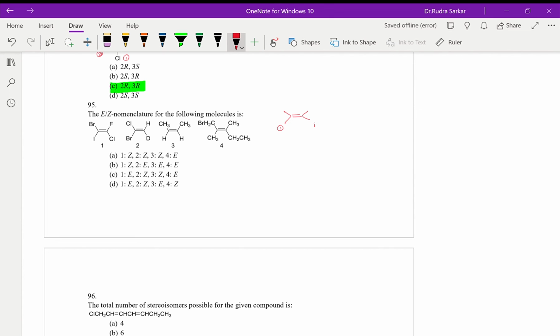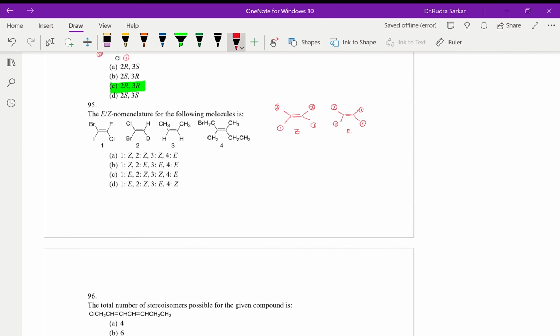When we have 1 and 1 on the same side, it is basically Z. And when we have the reverse, that is, 1 and 1 are on the opposite side, it is going to be E.